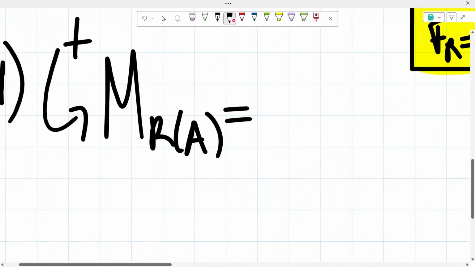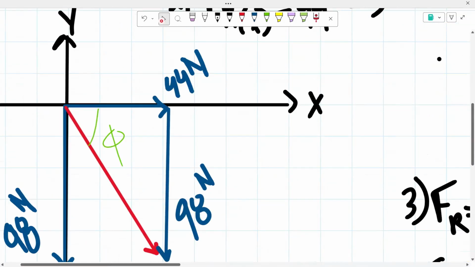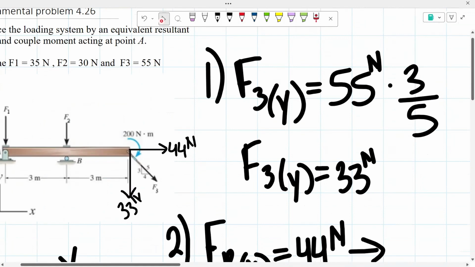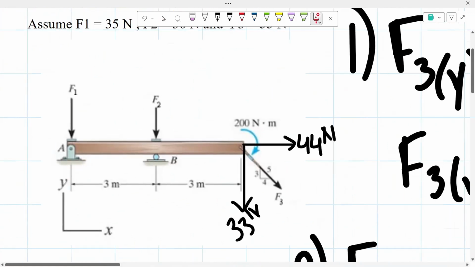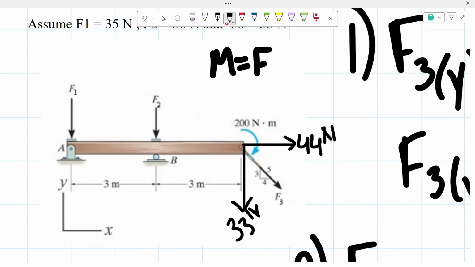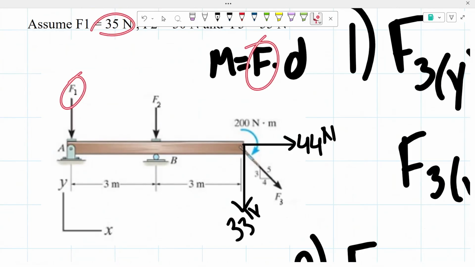So we have negative 200 Newton meters. From there, we have our force one that is lying parallel to that vertical axis. So we know that's not going to be creating a moment since, remember, moment is equal to the force times the distance. So our force would be that 35 newtons, but our distance is equal to 0, which is why it doesn't create a moment.